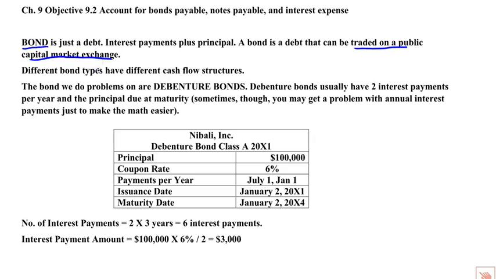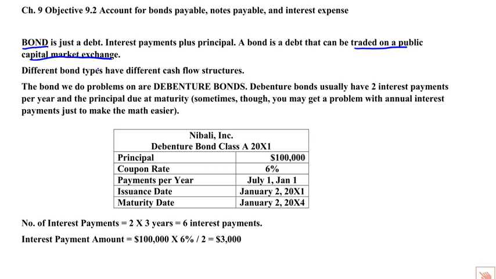So whereas a loan payable or note payable is a borrowing from, let's say, a bank, a bond is invested in by hundreds or possibly thousands of different individuals and investment companies, pension funds, etc. So it is traded on an exchange, and an investor can subsequently sell their bond to someone else.